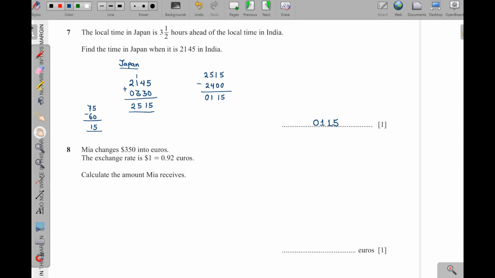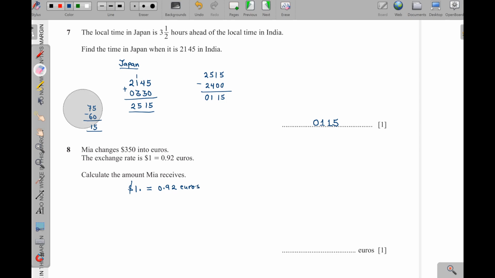1:15. Then question 8. Mia changes $350 into euros. The exchange rate is $1 is equivalent to 0.92 euros. And then calculate the amount Mia receives. So it is changing dollars into euros. $1 is equivalent to 0.92 euros.